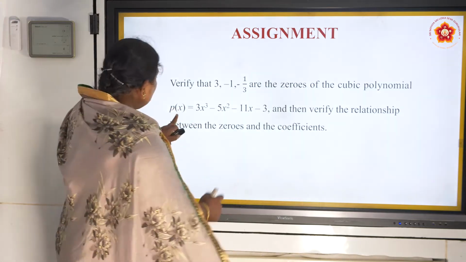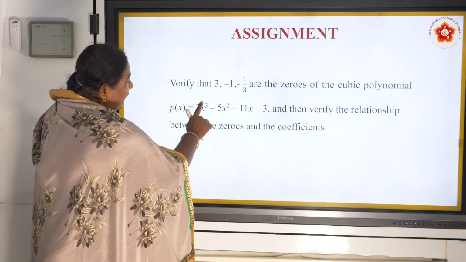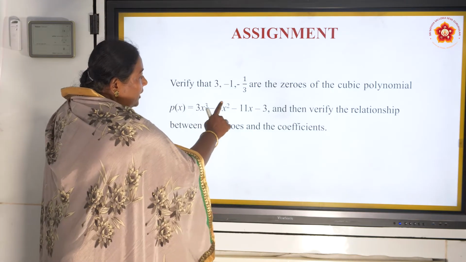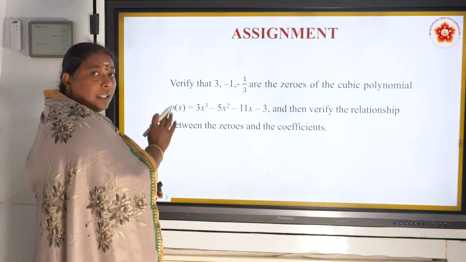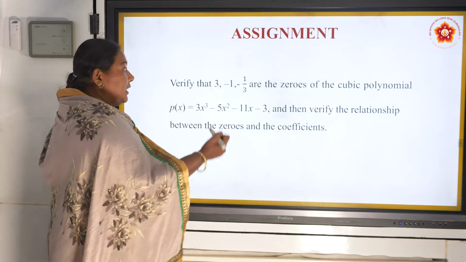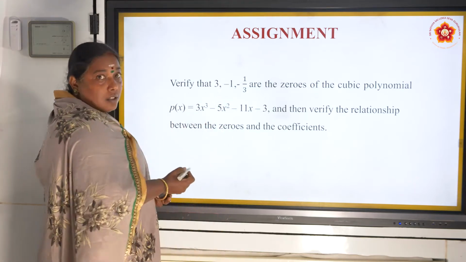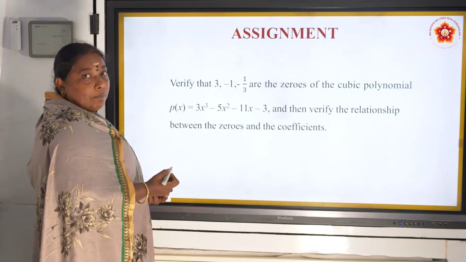Next, they have given p of x is equal to 3x cube minus 5x square minus 11x minus 3. They are asking us to verify whether these three are the zeros and also verify the relation between them.